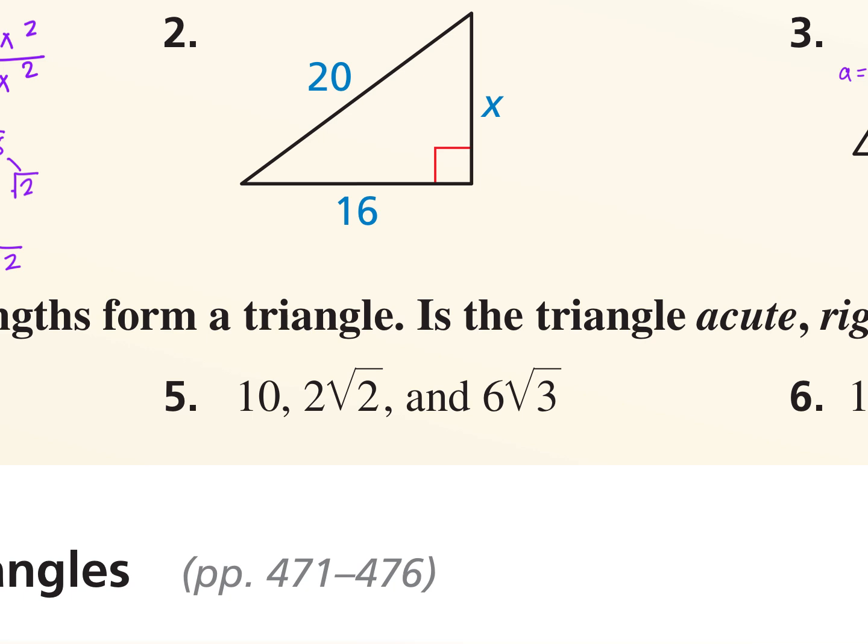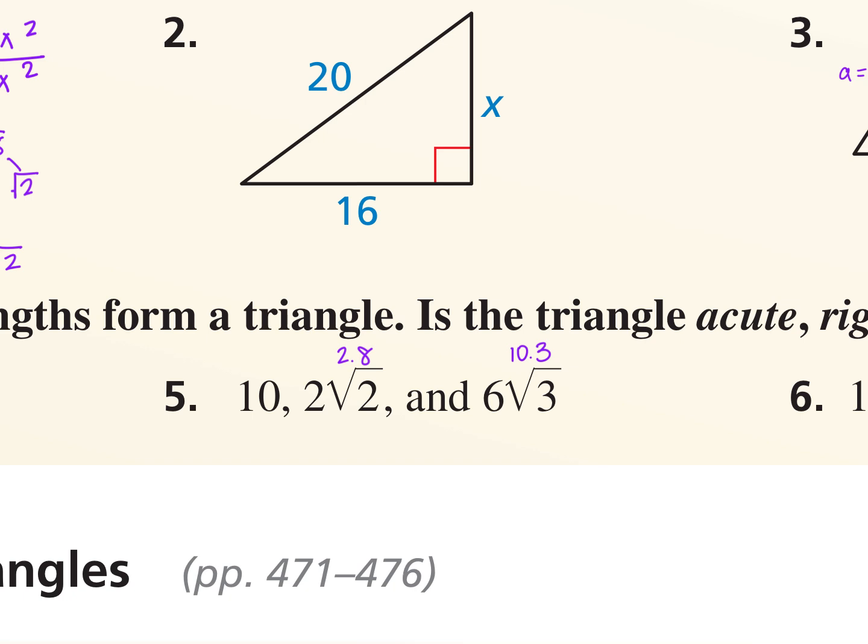So 10 is a whole number already. I'm going to put 2 times the square root of 2 in my calculator. I'm going to get 2.8 for that. And then 6 radical 3 would give me 10.3. If I add my 2 smallest sides, does it give me something larger than my third? Yes, so it does form a triangle.